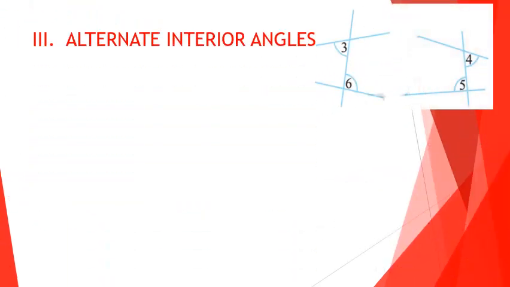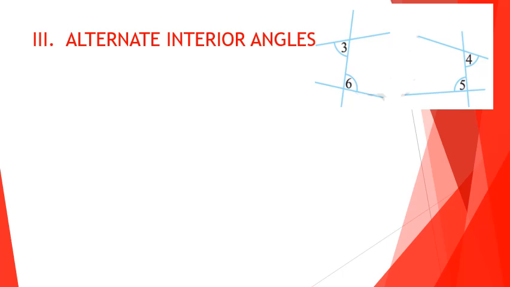Next pair of angles is alternate interior angles. What is the meaning of alternate interior angles? It should be an interior angle. Alternate means it should lie on the alternate position of the transversal.